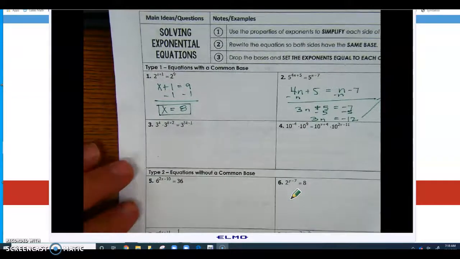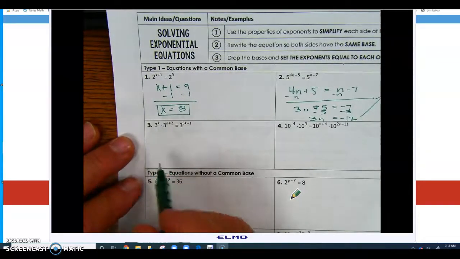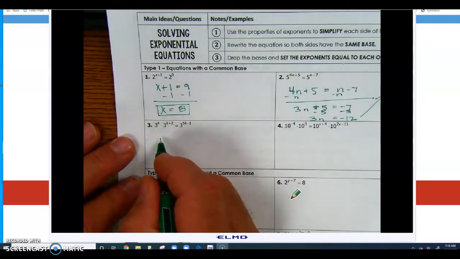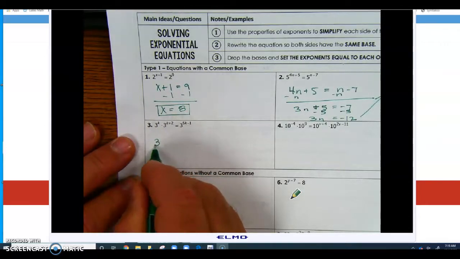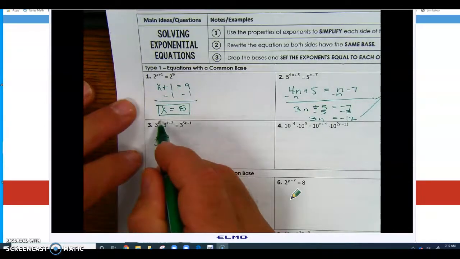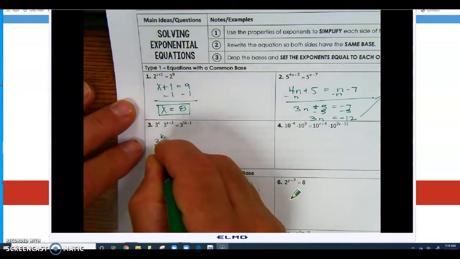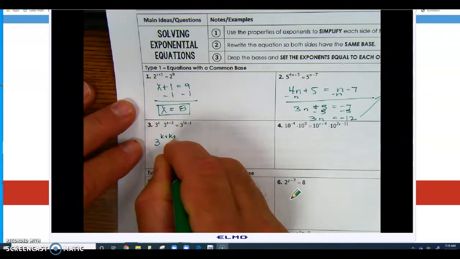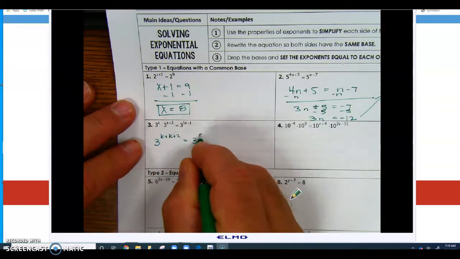Now, what does it mean by simplify each side? Well, we know from our rules of exponents, we may have forgotten, but we knew at one time that if we're multiplying like bases, we can add the exponents. So I'm going to actually write it like this: 3 to the k plus 2, and then equals 3 to the 5k minus 1.